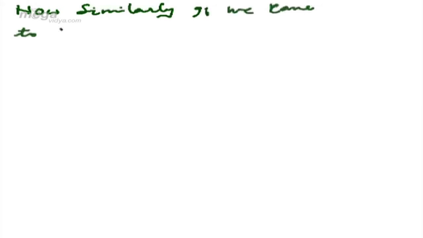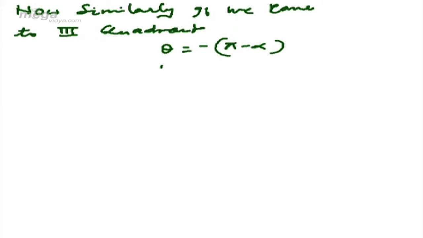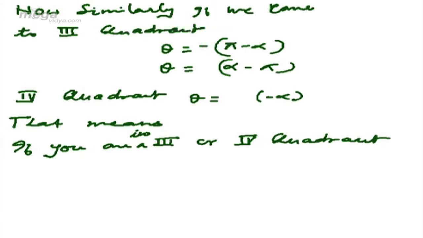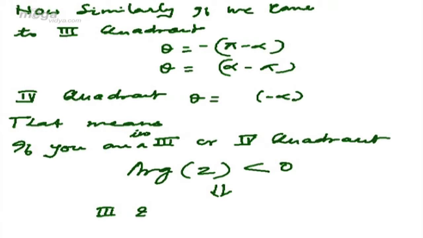Similarly, if we come to the third quadrant, the argument theta is equal to pi minus alpha with a negative sign, that is, theta will become alpha minus pi. And in the fourth quadrant, theta will become minus alpha. That means if you are in the third or fourth quadrant, the argument of the complex number Z will always be less than 0.